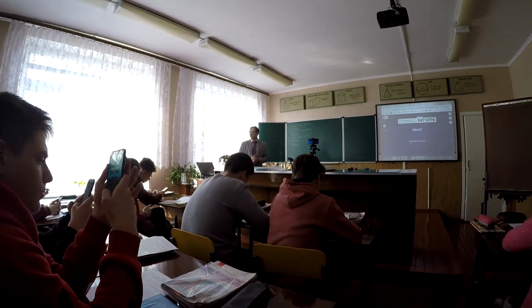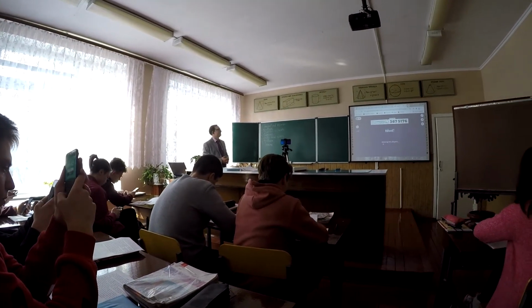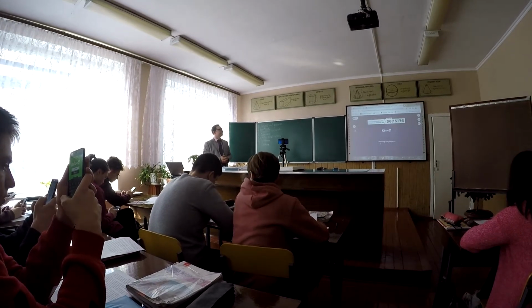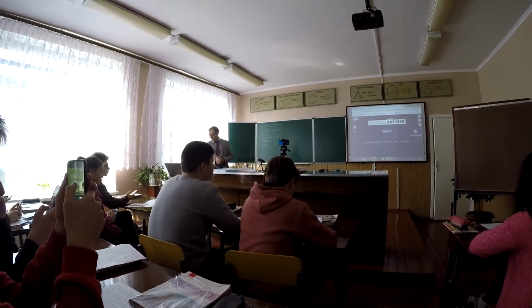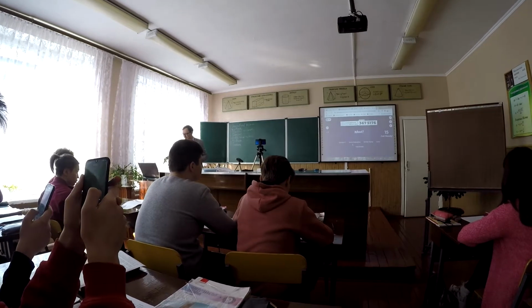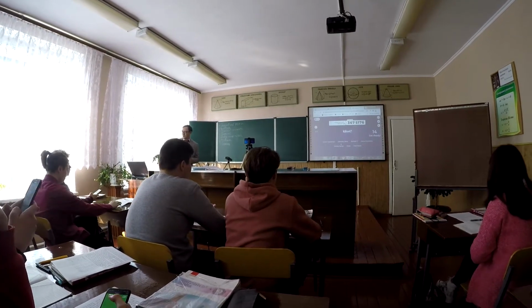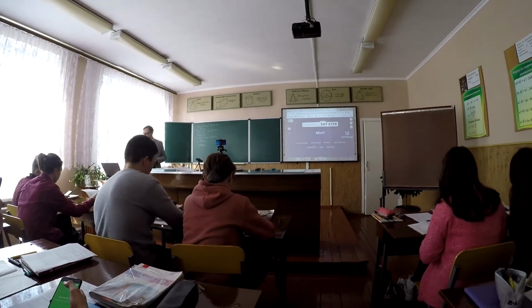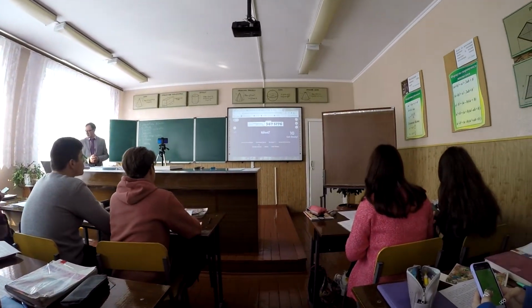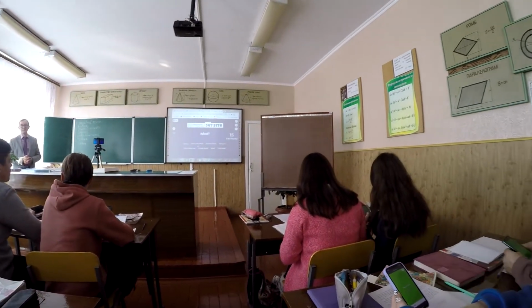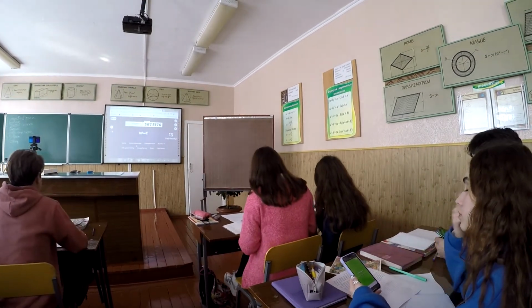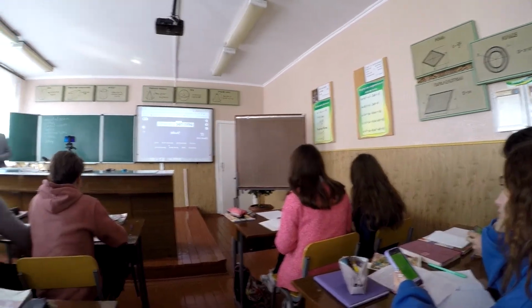Three, 6, 7, 5, 1, 7, 6. We have Vanya, Artur, Alyosha, Vladik, Bogdan, Dasha, Artyom a little bit. So get ready. Denis.